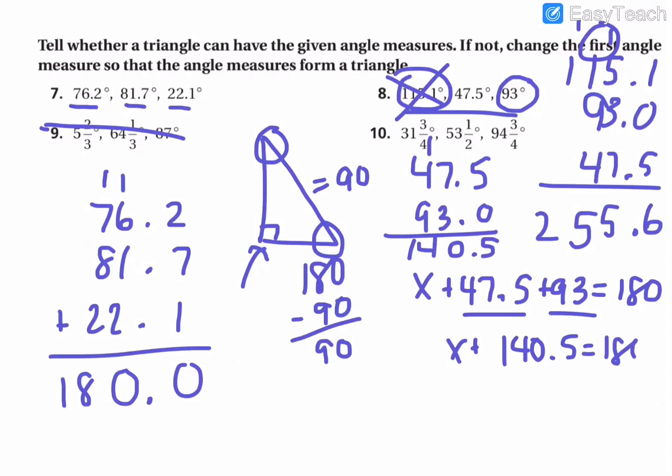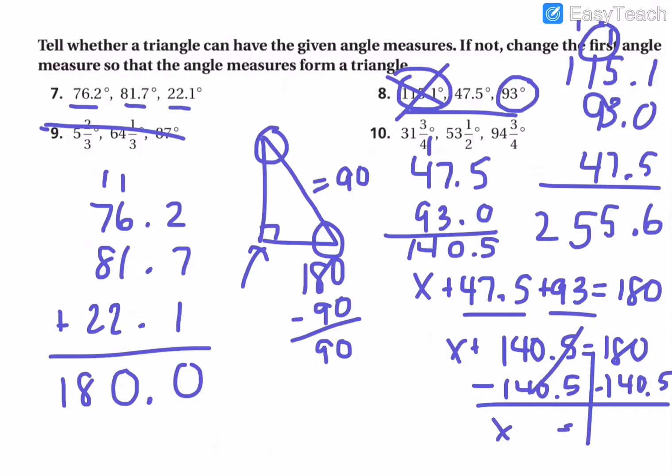And again, I know you're going to be tempted to just subtract and move on, but you don't want to do that. We'll see why in just a moment. Okay, fill in that place value. So we're going to be doing some borrowing here. And that's going to give us 39.5.